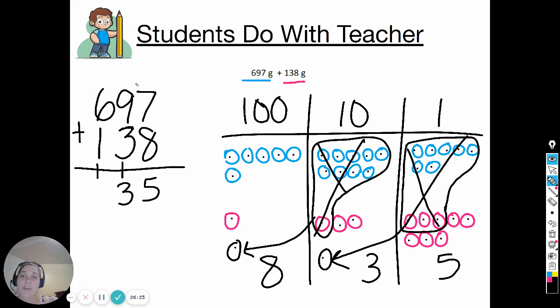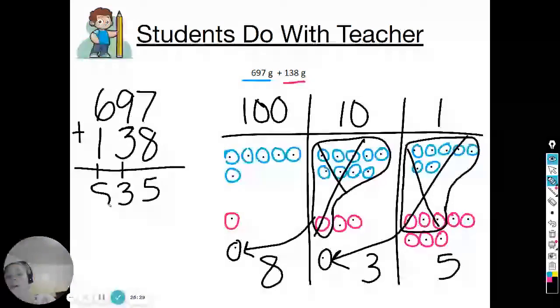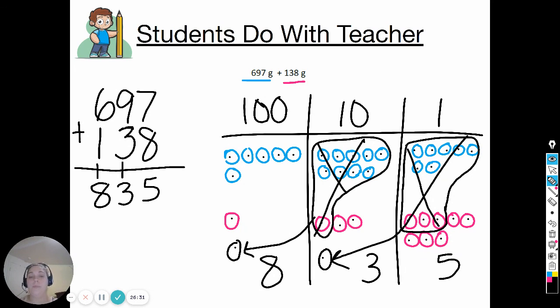Over here in the standard algorithm, you can see we did 6 plus 1 plus 1, and that equaled 8 hundreds. So 697 grams plus 138 grams equals 835 grams.